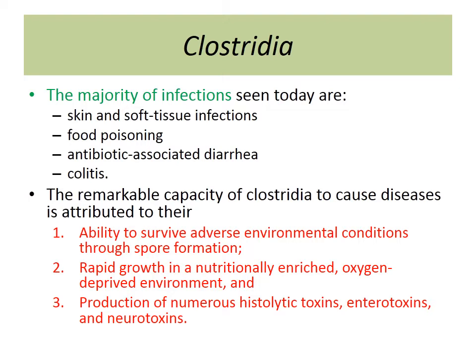Why do they cause disease? You must have figured out because that woman had just a minor injury on the front of the foot, and then again the whole system was involved. So obviously these bacteria will have this capability to release toxins. So these toxins notoriously are histolytic toxins, meaning lysis of tissues.